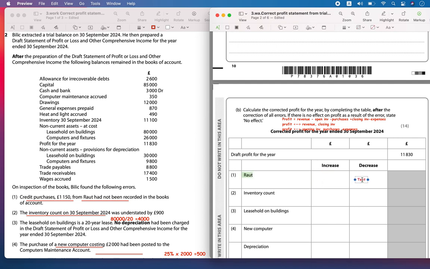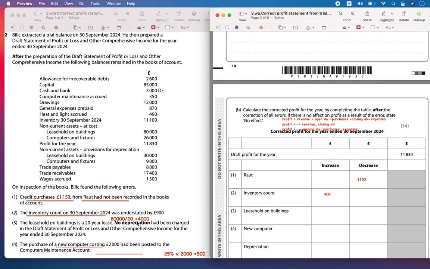So the profit is going to decrease by 1150. Then this is closing inventory, so the closing inventory is going to increase. An increase in closing inventory will also increase the profit by 900.